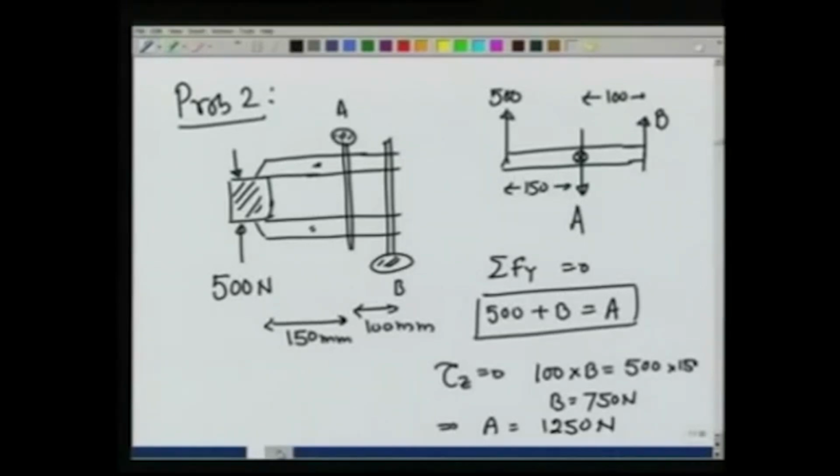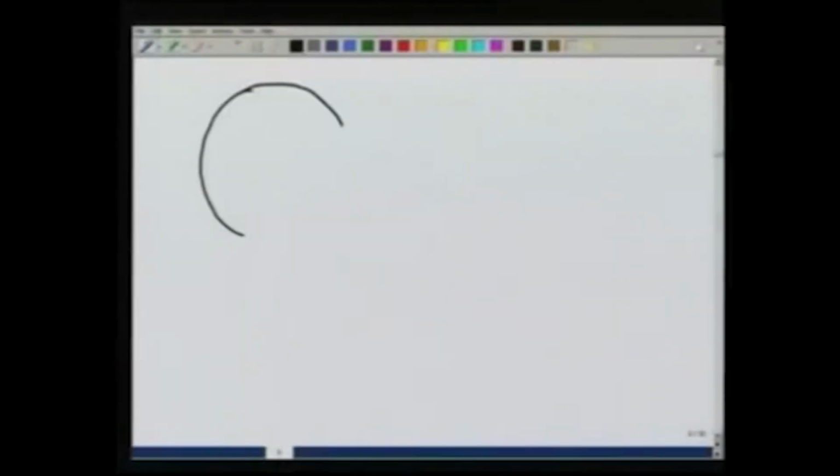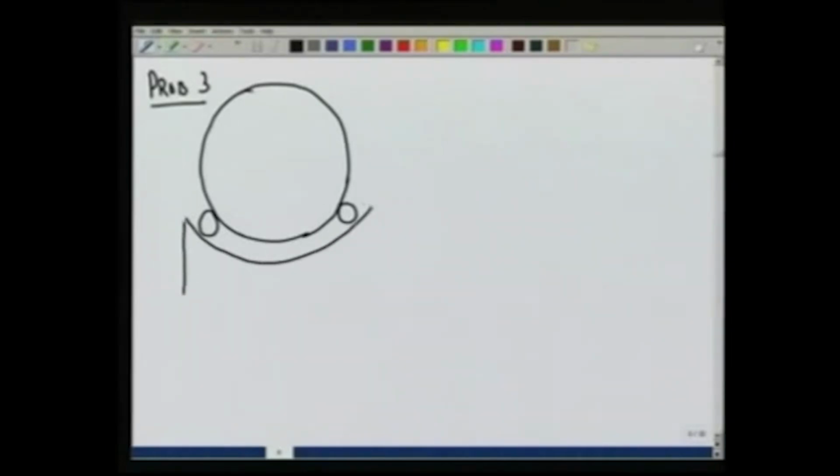Let me solve one more problem, and that is a problem where we support a big drum. This is problem 3 on cylindrical rollers.